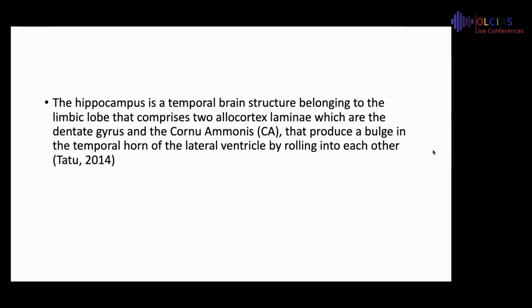It has an anterior part and a posterior part. The anterior part of the hippocampus is used for decision making, while the posterior aspect is used for visual perception. And we all know the blood supply comes from the posterior cerebral artery and the anterior carotid artery. So the next slide, please.